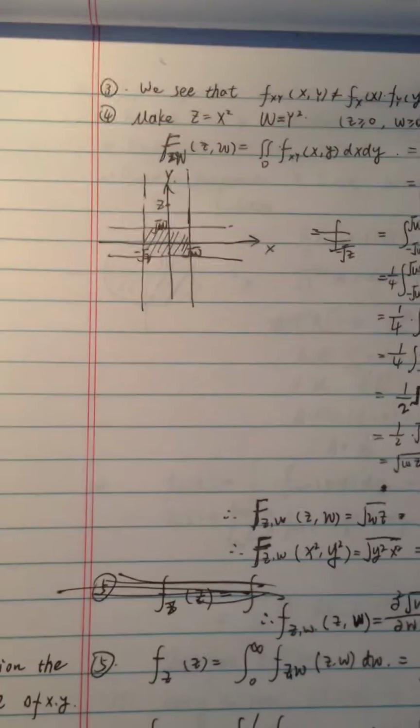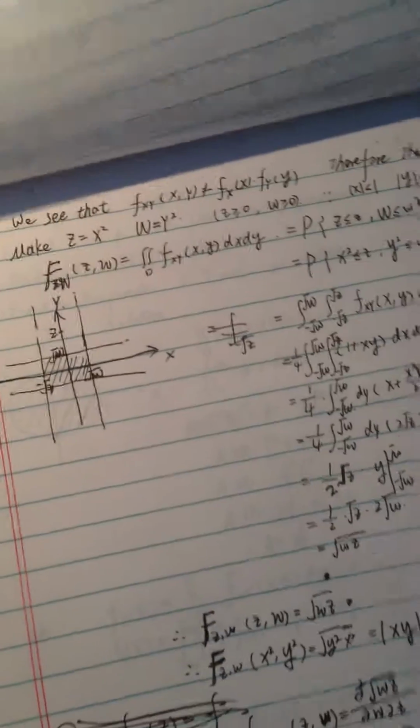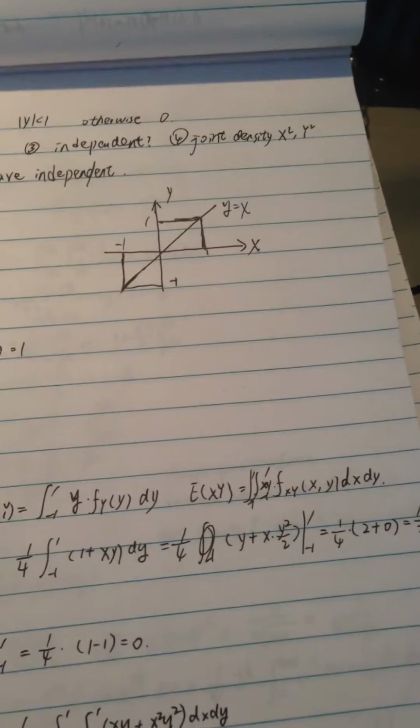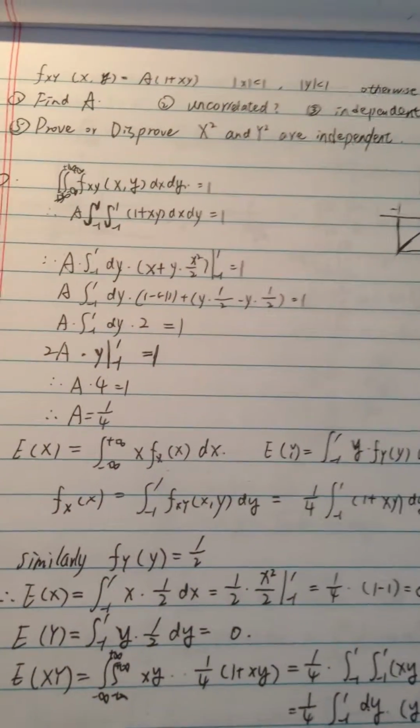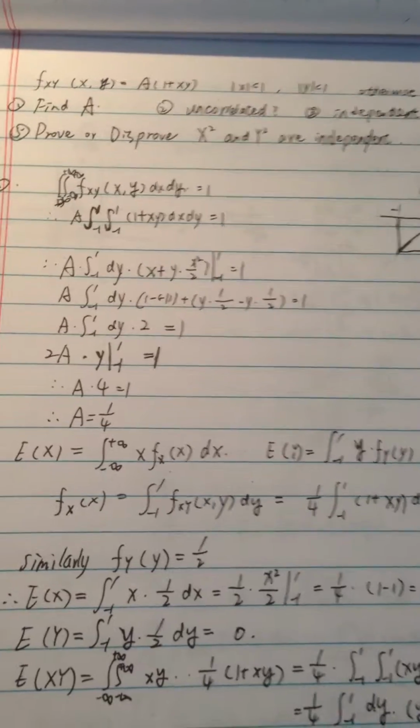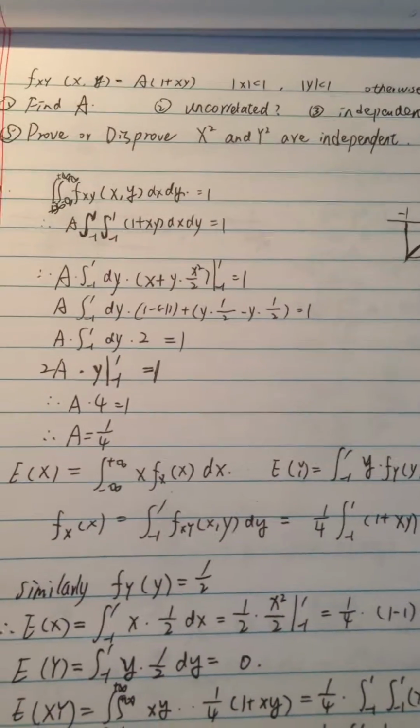The next question is to find the joint density function of x squared and y squared, and the fifth question is to determine whether x squared and y squared are independent. The method is similar to the first three questions.